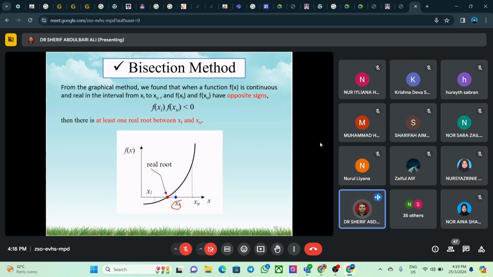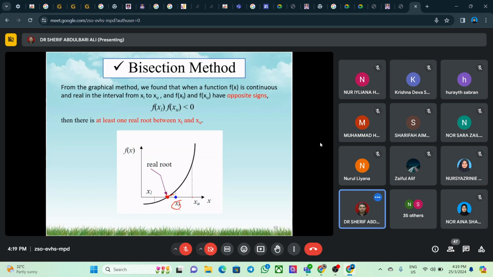This value xr is in between x lower and x upper. It's exactly in the middle between x lower and x upper, so we give it the blue dot here. But actually, this value of xr is supposed to be closer to the red dot here. So we move it to match the red dot.